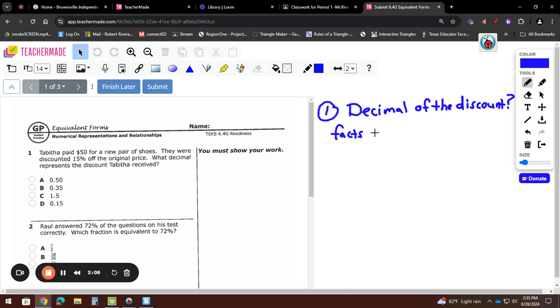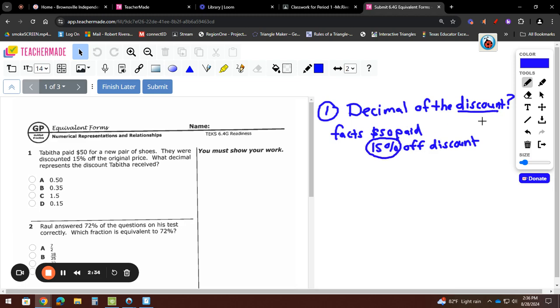Now the facts is that the $50 is what she paid. The 15% off is the discount. So now I know that I need this. I don't need what she paid.